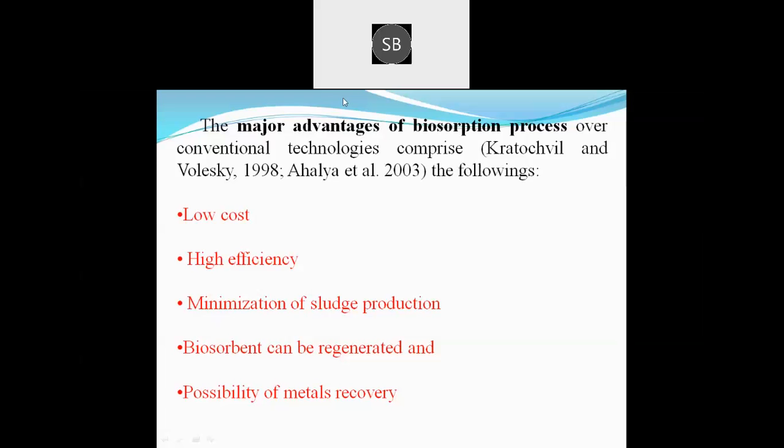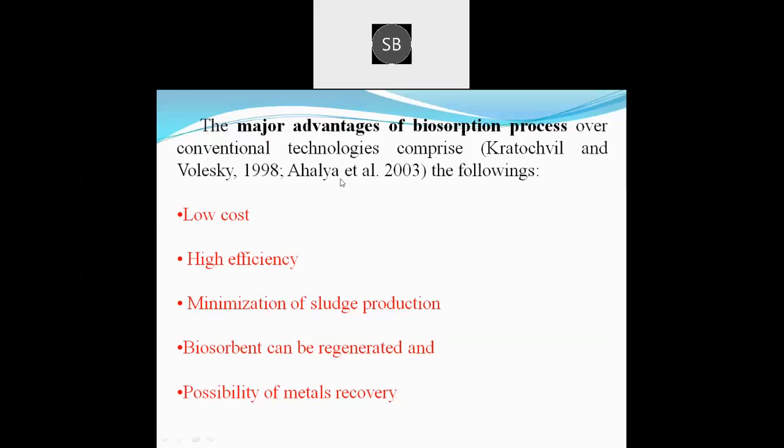Whatever biosorbent we are using can be regenerated. If we use dead biomass, after the biosorption process we can separate the heavy metals and the biosorbent, so we can use that biosorbent again for the process. There is also a possibility of metal recovery. All these are the advantages of the biosorption process.